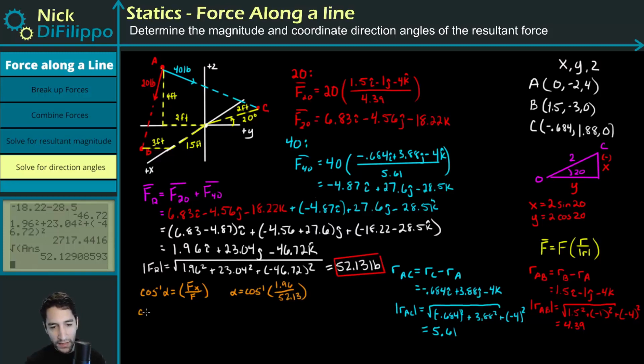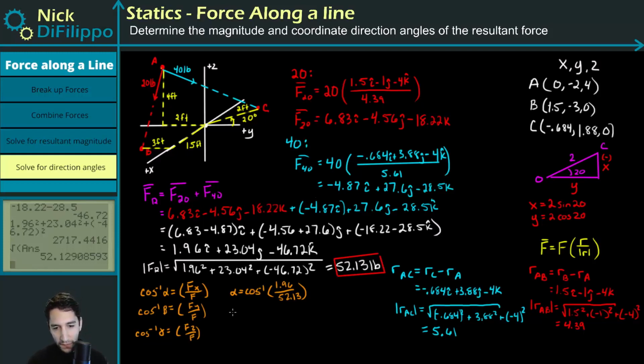I can say that the beta angle is going to be the y component divided by the magnitude, and my gamma is going to be the z component divided by my magnitude. And remembering, alpha is the angle from the x-axis, beta is what I defined as the angle from the y-axis, and gamma is what I defined as the angle from the z-axis.